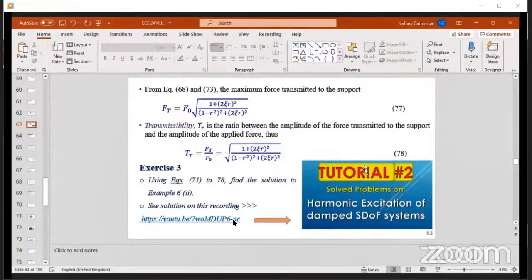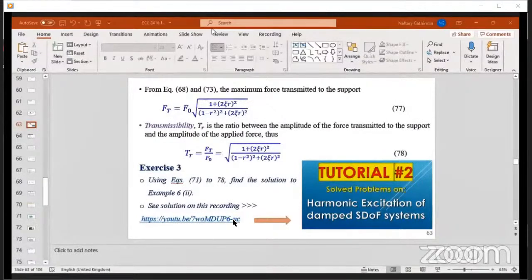After next week's lecture, next week is the end of the free vibration of single degree of freedom systems.